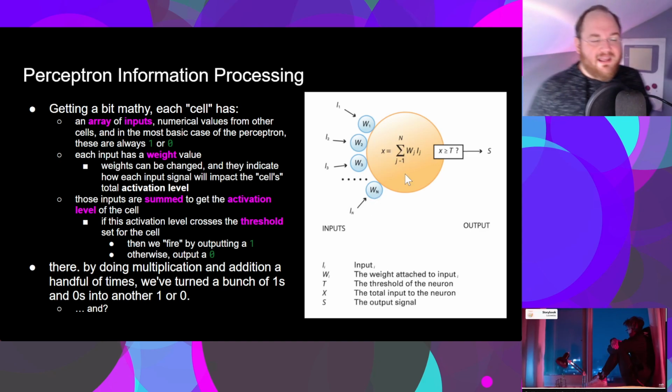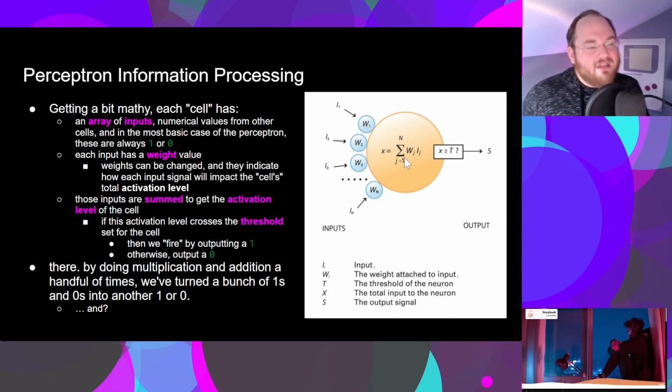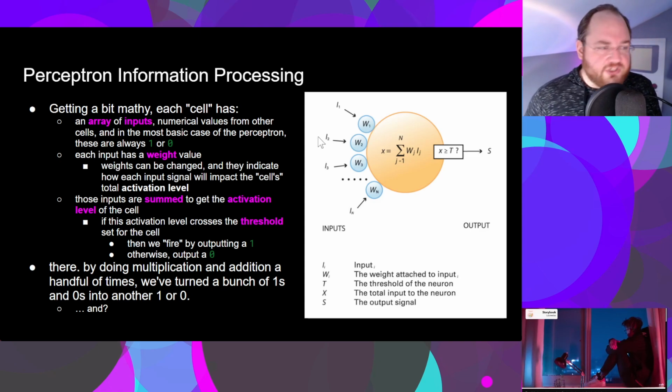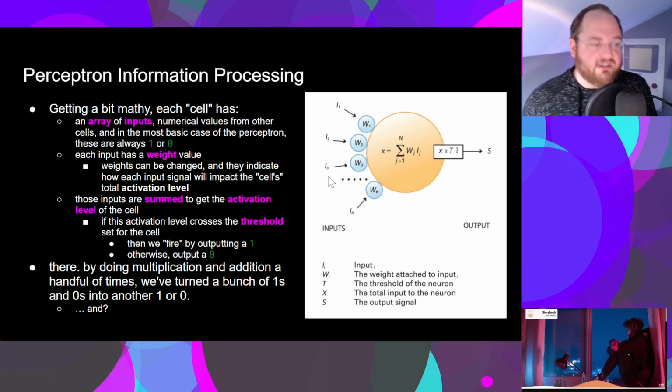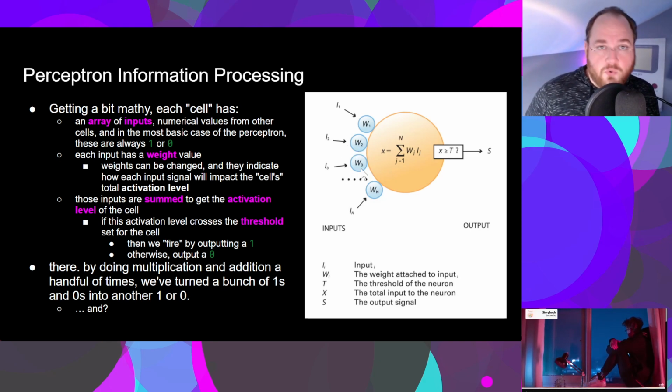And then, don't run off. This sigma thing just means sum it all up, which says add together all of these. So this input might be a 1 and it's being multiplied by like 0.1. It's not a very strong connection. This one might be being multiplied by 50. It's a very strong connection. This one might be being multiplied by -2, right?